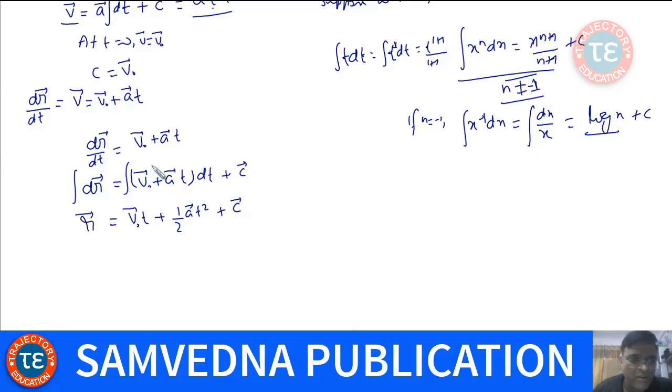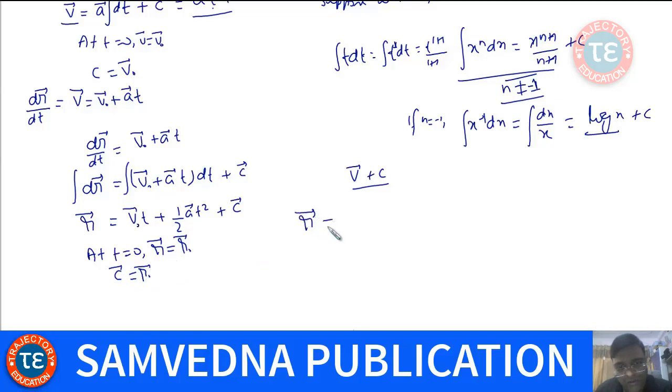See, the constant has to be a vector. Why? Because you cannot add a scalar to a vector. The addition of a vector and a scalar is not a defined operation, right? So if you are given that at t equal to 0, r is r naught, then if you put it over here, you get c as the r naught vector.